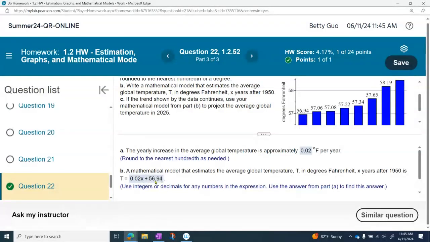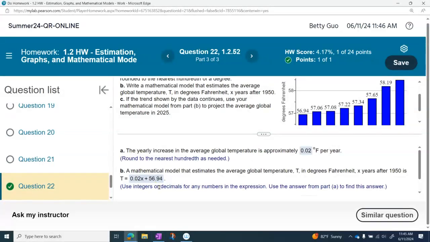Listen, your number would be different from mine. Look at it carefully. I know that, but when you said the problem should have been t equals 0.02x plus 50 whatever, it made me put it in backwards. So I have to put 56.98 plus 0.02x.